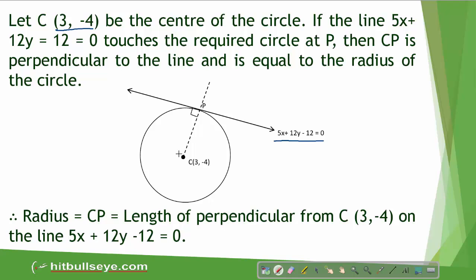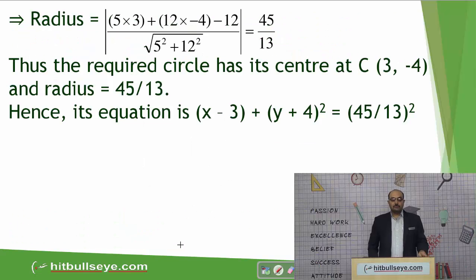So basically the radius CP is nothing else but the length of the perpendicular from this point 3, minus 4 to the given line, and using the formula we can get this radius. Just the formula discussed in the previous slide, we get the radius as 45 by 13. It is 5 into 3 and 12 into minus 4 minus 12, using the formula directly.